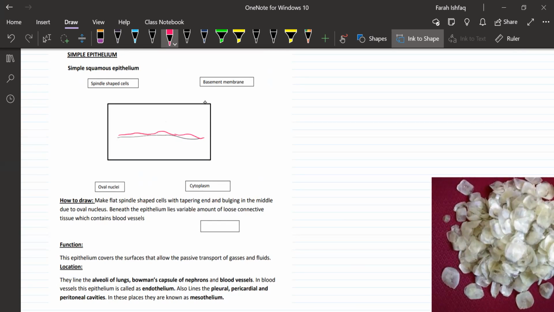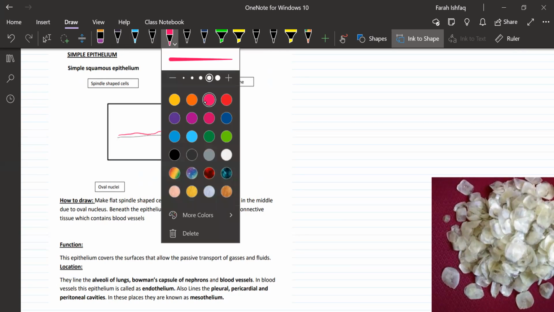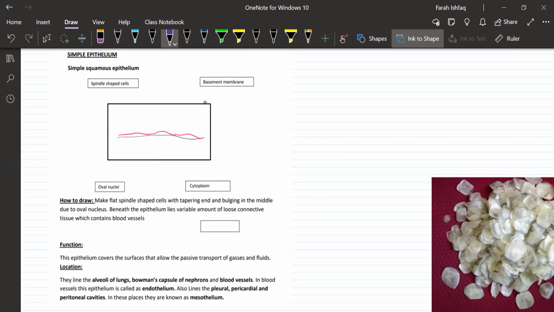So this is how you will make the simple squamous epithelium. Nucleus in the center, a flattened nucleus, due to which the bulge is present.